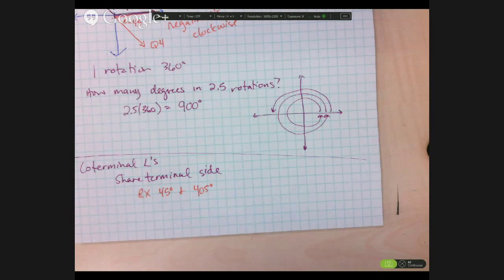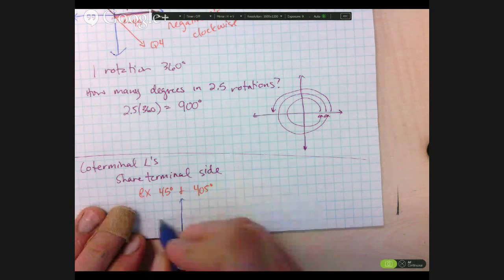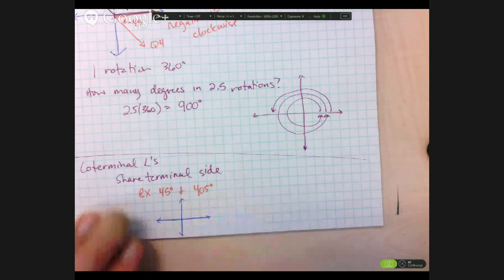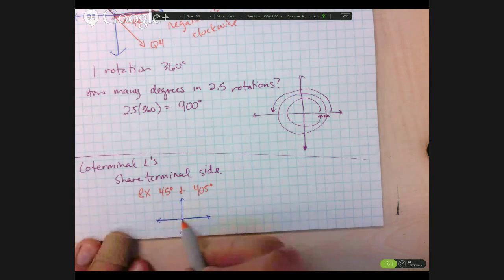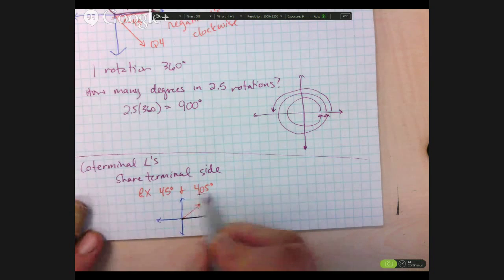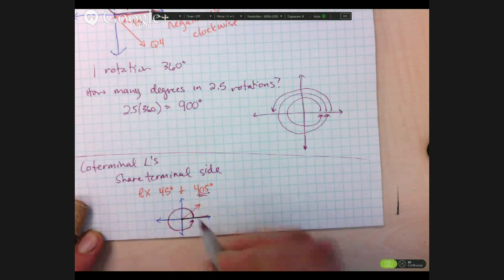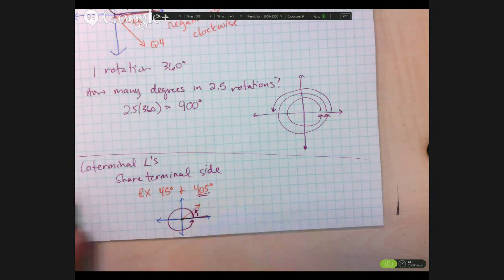Okay, 45 is right here. 405, what is it? 360, right? Plus how much? 45. Those are coterminal angles because they share that terminal side.